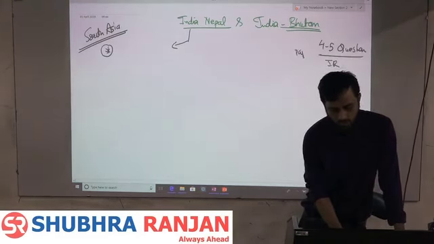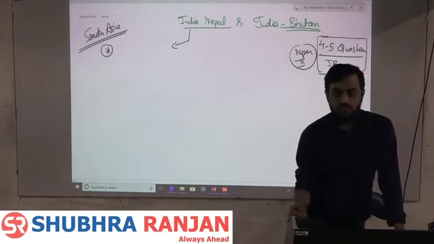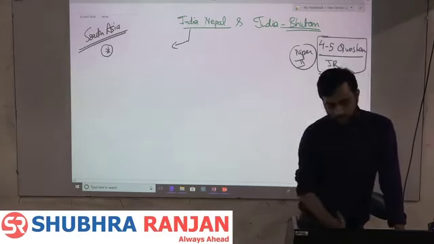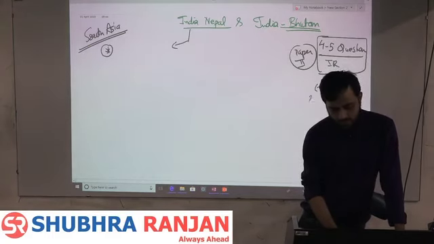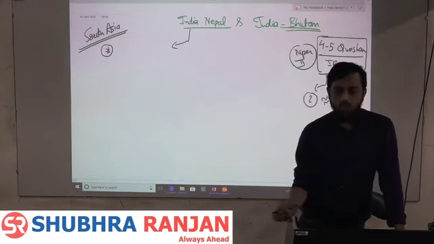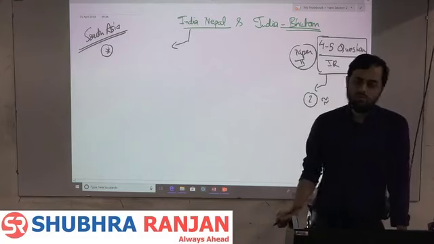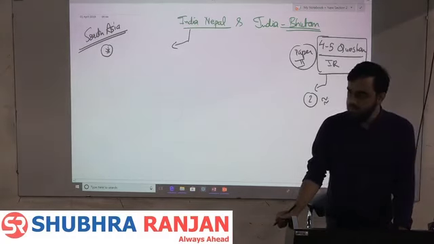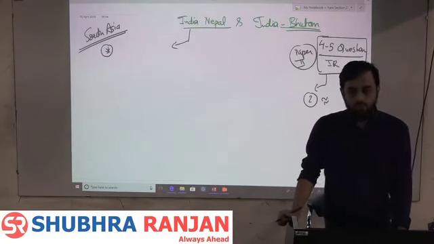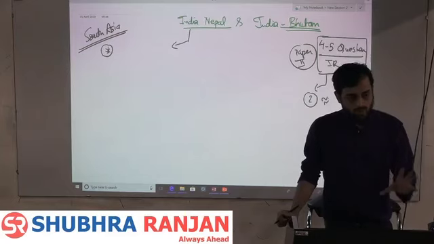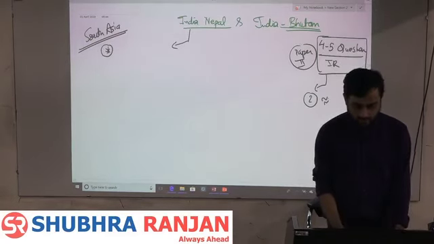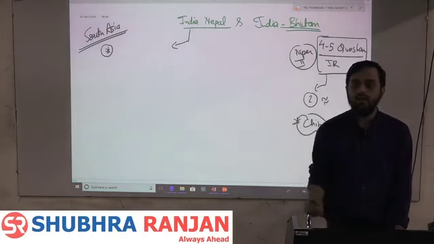Some 4 to 5 questions in IR from paper 2, that is what you'll get. Out of these 4 to 5 questions, at least roughly 2 questions will be from South Asia. It can be even more than this. It can be even 3 or 4 also. And most questions in South Asia, when they come, there is always and often, directly or indirectly, a China angle.